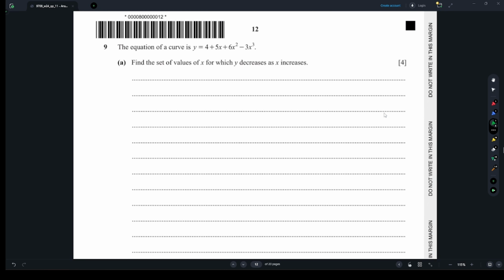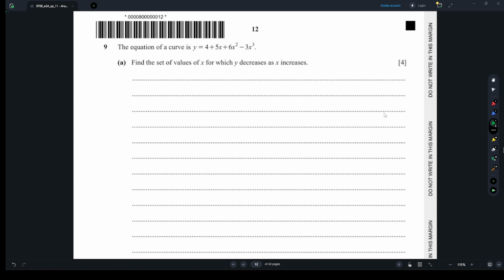Now, ninth question. The equation of a curve is given by this one, and find the set of values of x for which y decreases as x increases.